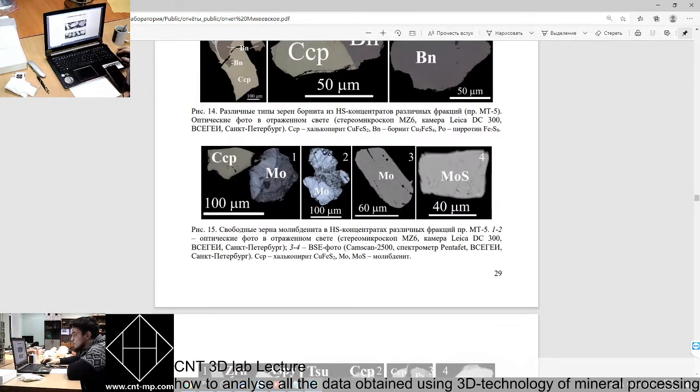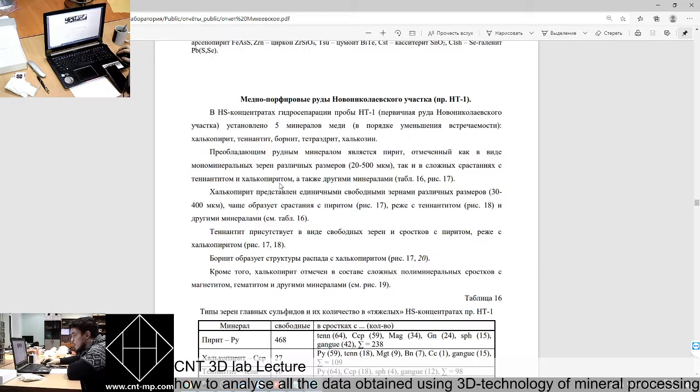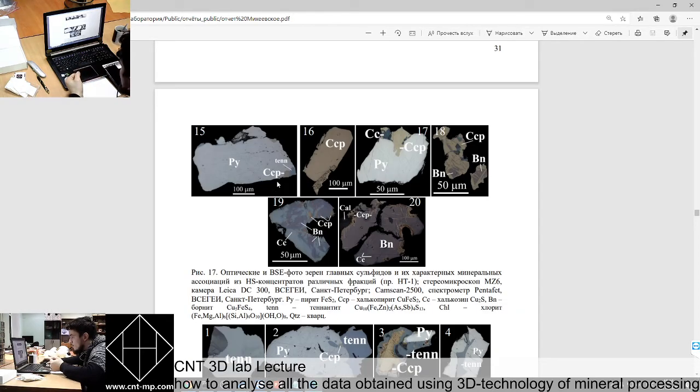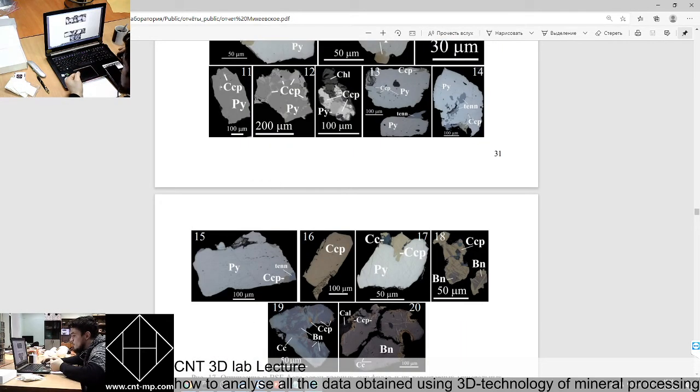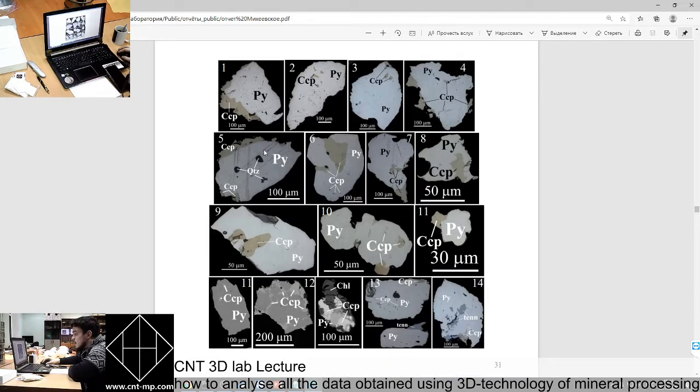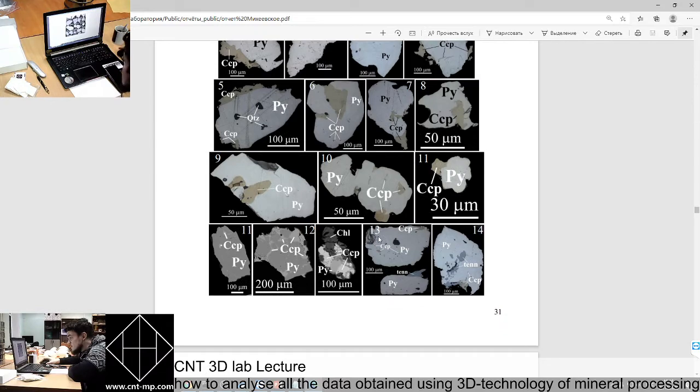It is good to also make some kind of sorting when we deal with a lot of similar photos. So for example, we are sorting by the size of grains. Sometimes we are sorting on mineral assemblages and associations.